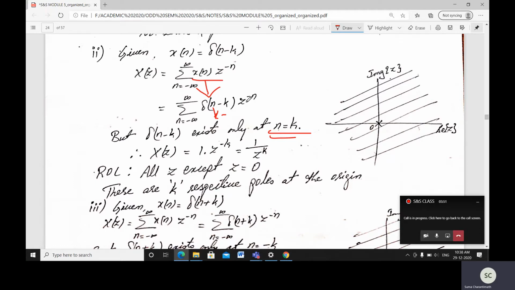Wherever n is there, you substitute k, so it equals 1 divided by z raised to k. What is the region of convergence? It is also the whole z plane. Here zeros are not there, but a pole exists at z equals 0, therefore at the origin.